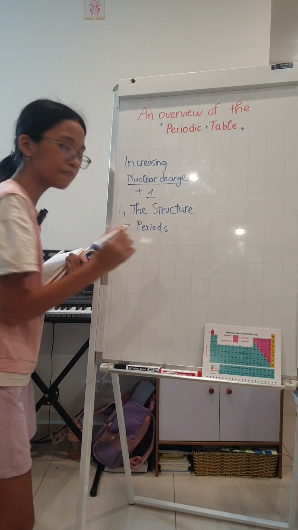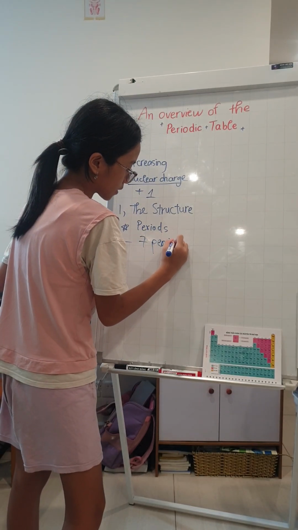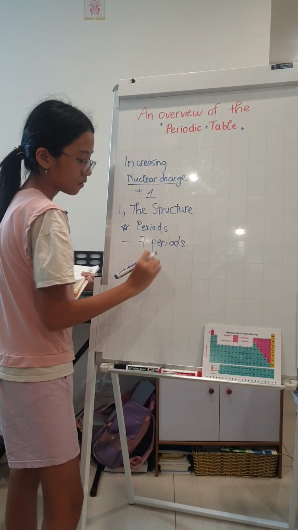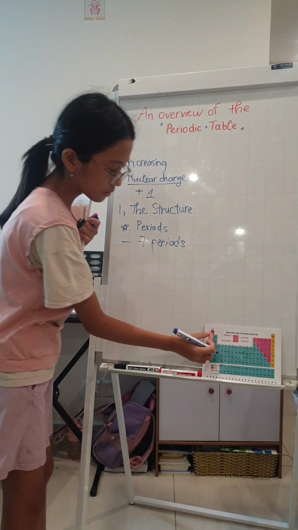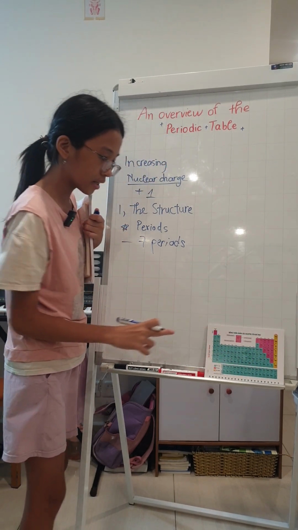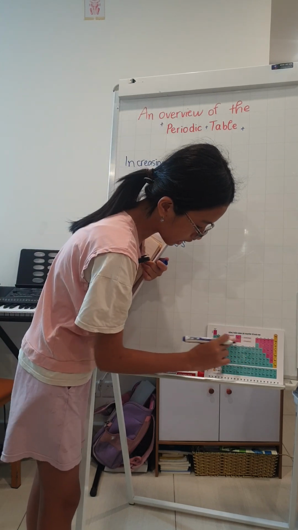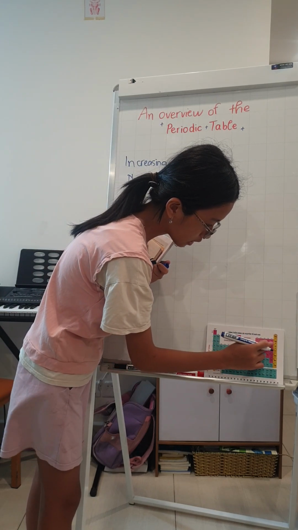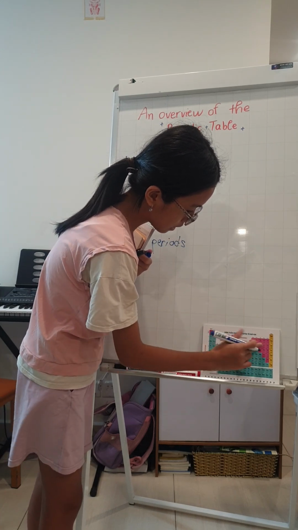So we will call simply, there are 7 periods, right? The first 3 periods are kind of short. The first period consists of 2 elements. The second period consists of 8 elements.